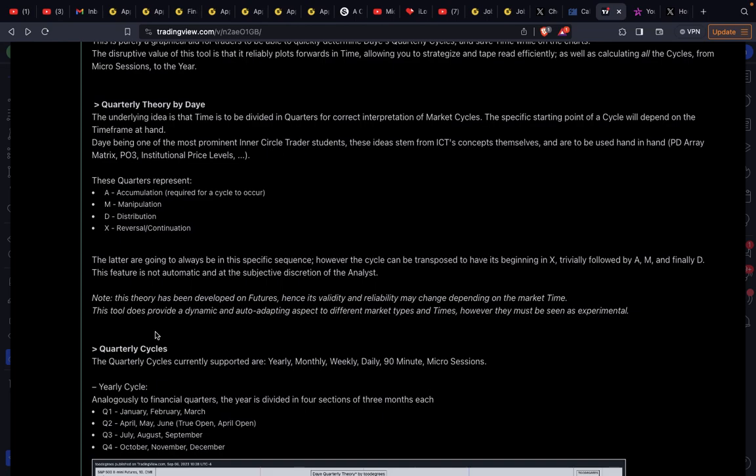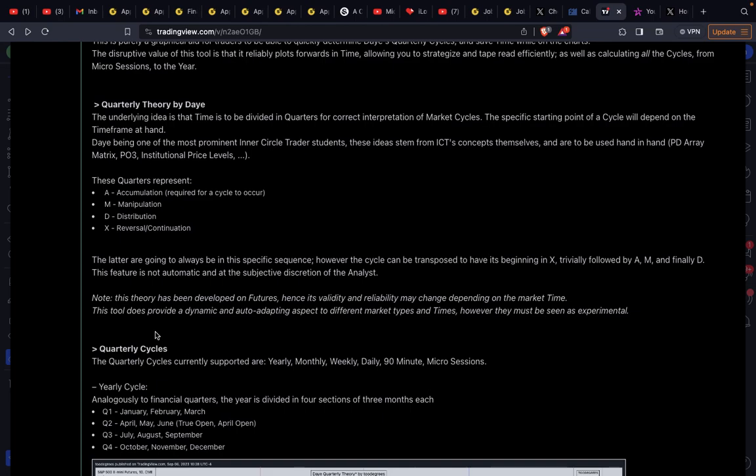So, these quarters represent AMDX, right? A, which is accumulation, required for a cycle to occur, manipulation, distribution, reversal, or continuation. The latter are going to always be in this specific sequence. However, the cycle can be transposed to having its beginning in X, trivially followed by accumulation, manipulation, and finally distribution.